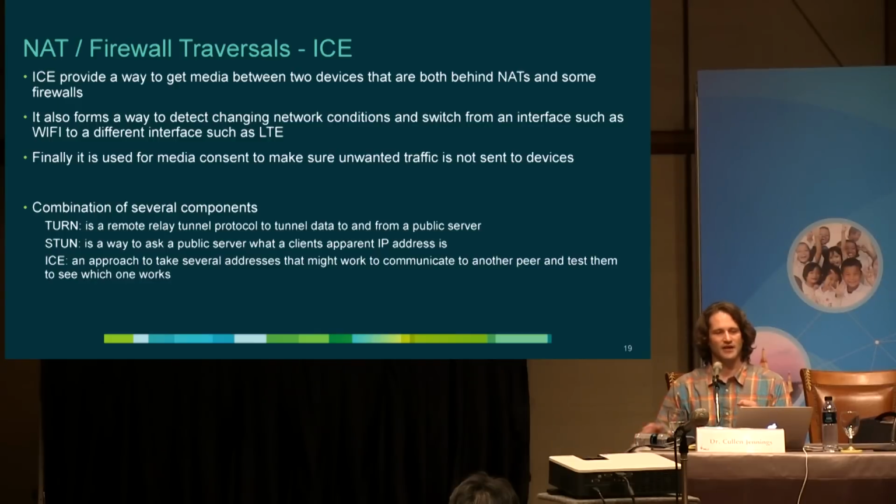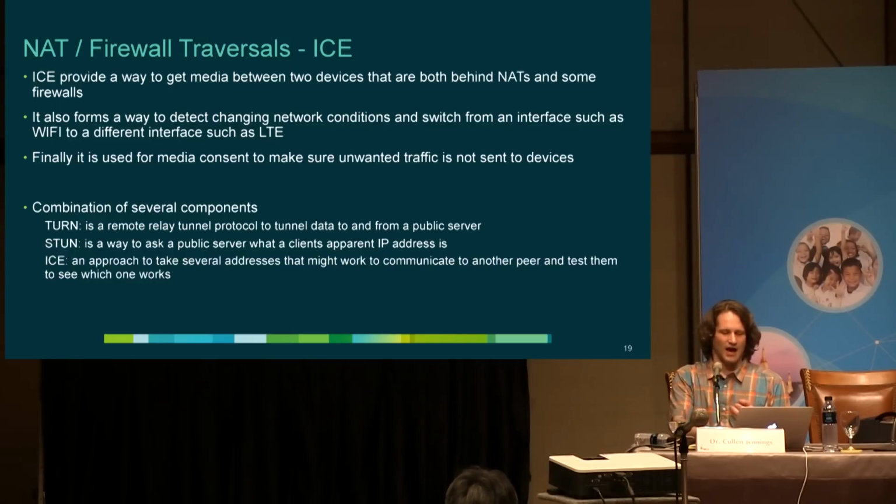The protocol we're using to deal with this is the ICE protocol, and it's a combination of STUN and TURN. It uses the sub-protocols STUN and TURN, and I'll talk about each one of these and explain how we use them to get through NATs and firewalls.